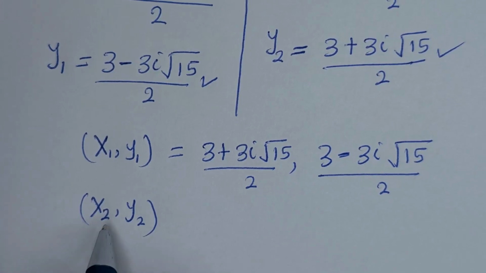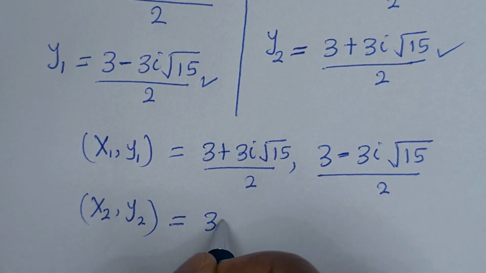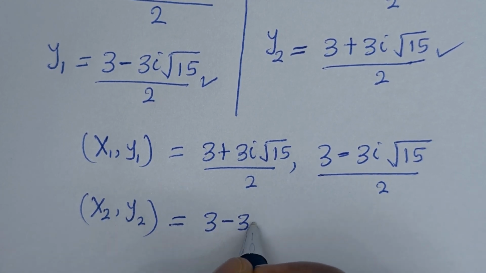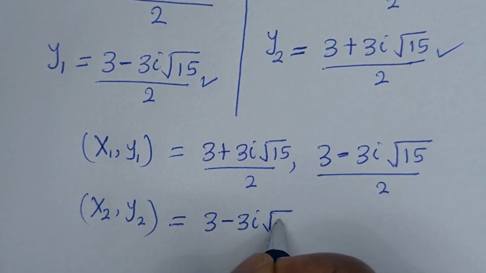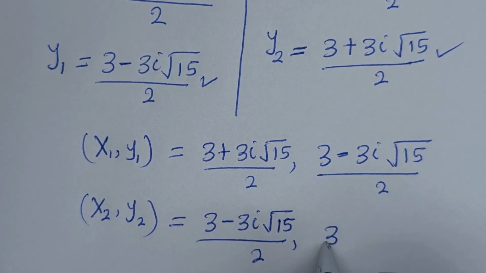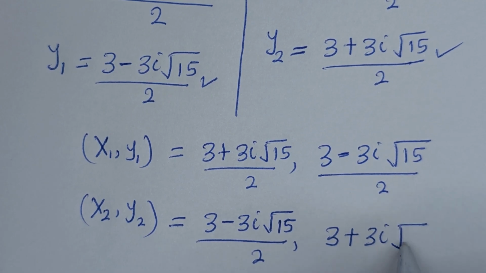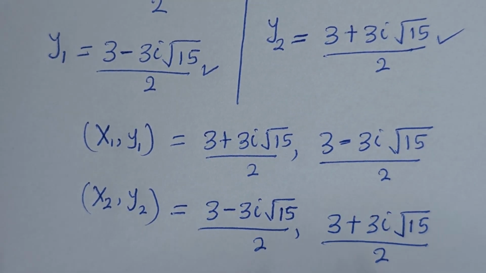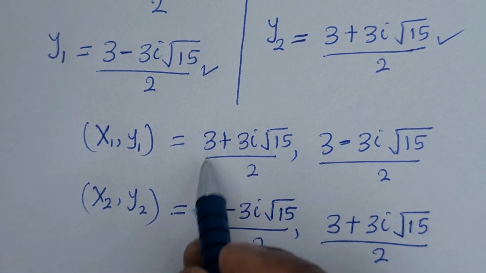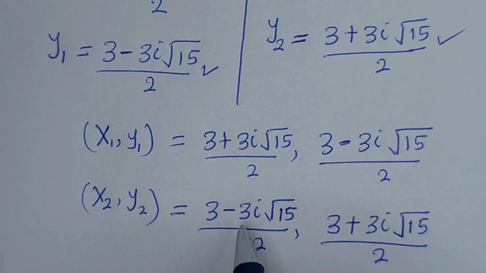Then x2, y2 is equal to 3 minus 3i root 15 over 2, 3 plus 3i root 15 over 2. You can see that the value of x1 here is equal to the value of y2 here, and the value of y1 here is equal to the value of x2 here.